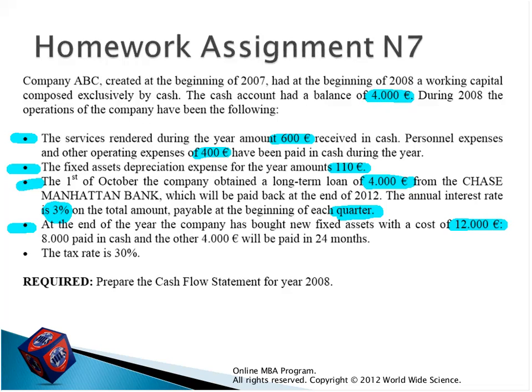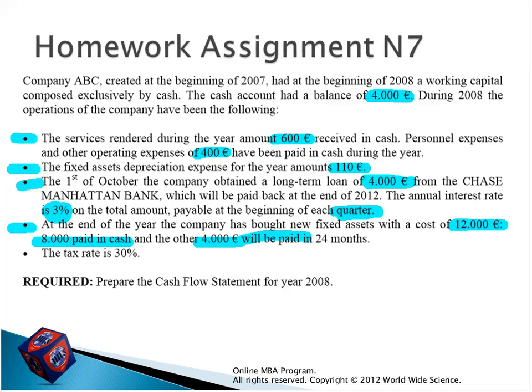Because we have made an investment in our assets. But a very interesting thing is that 8,000 is paid in cash, and the other 4,000 will be paid in 24 months.